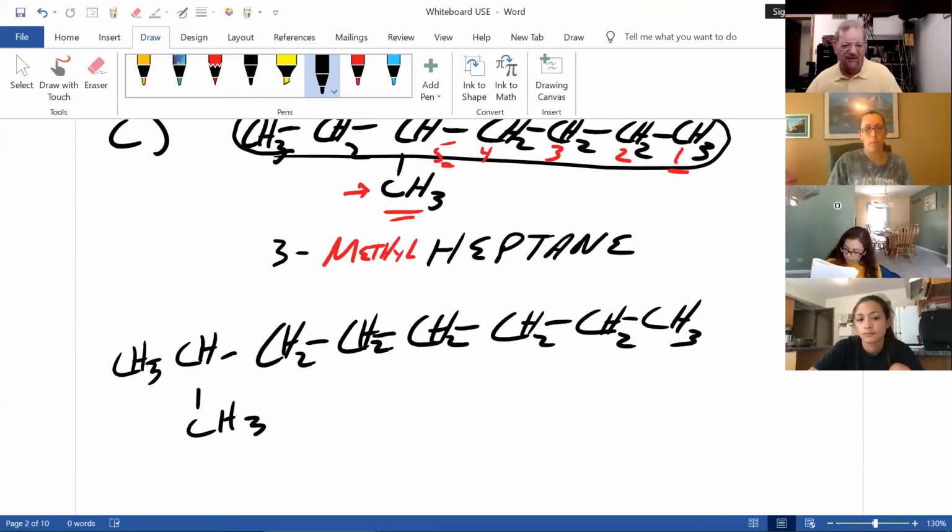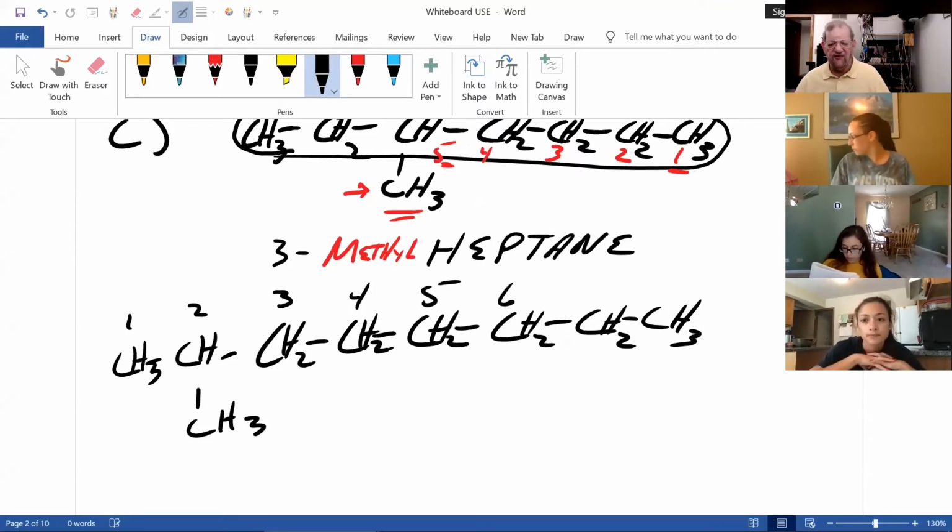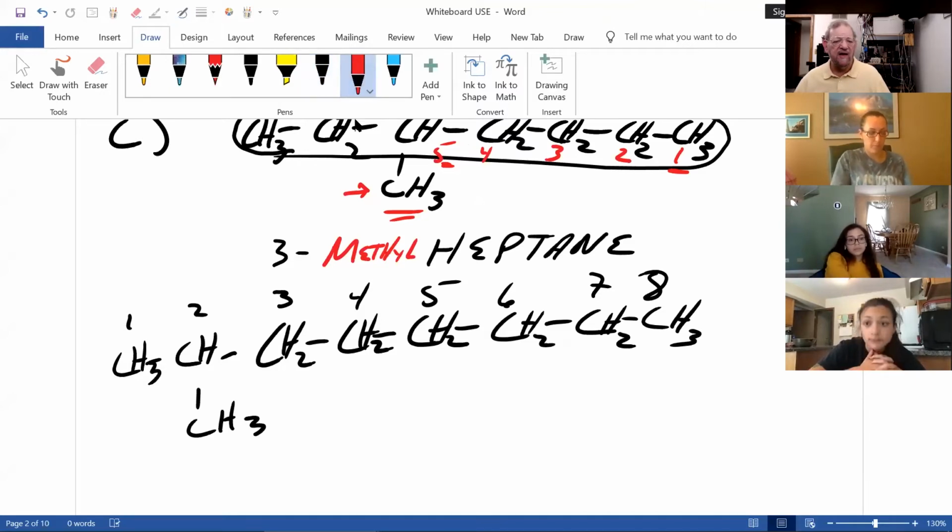All right, let's take a look at this. How many carbons in the longest chain? 1, 2, 3, 4, 5, 6, 7, 8. If I started here, 1, 2, it'd still be 8. I could also do 1, 2, 3, which is the longest chain.